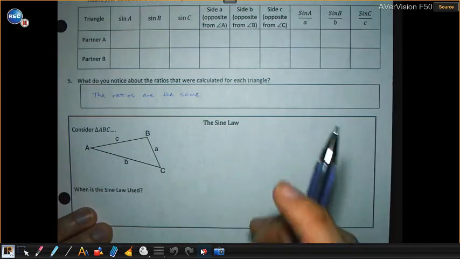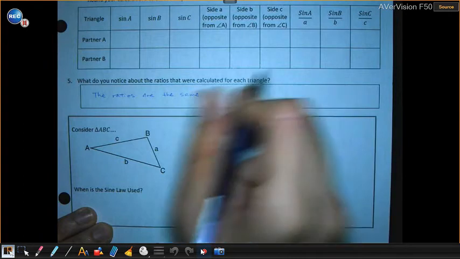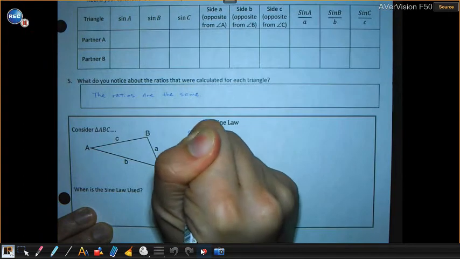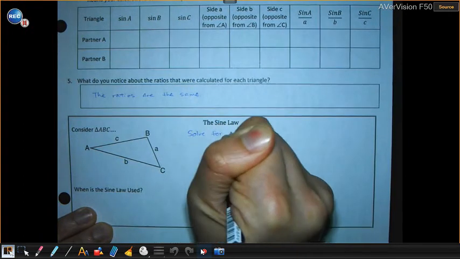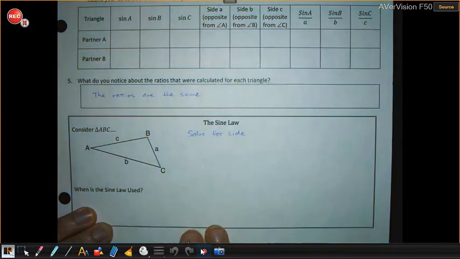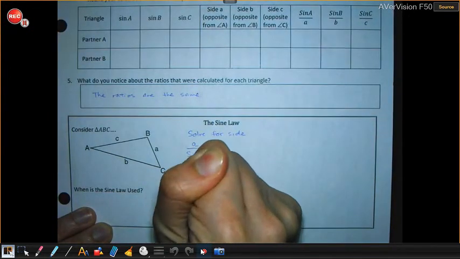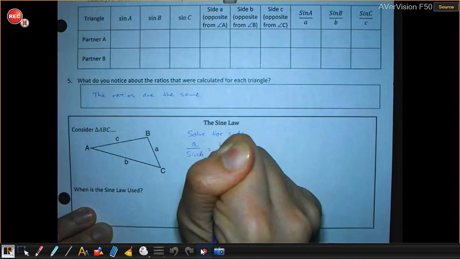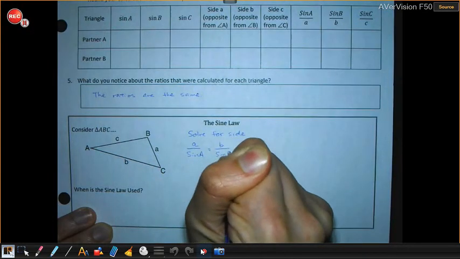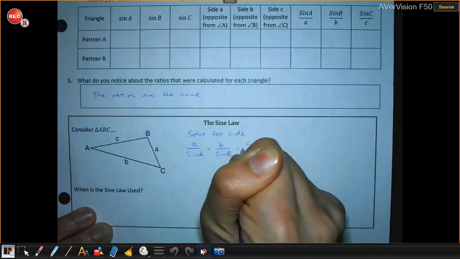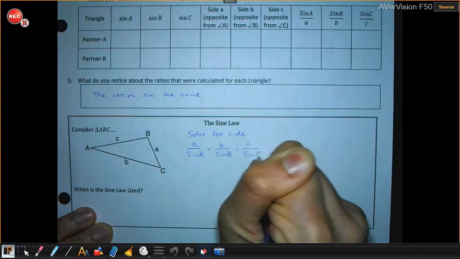So if we're solving for side, the formula would be a over sine A equals b over sine B equals c over sine C.